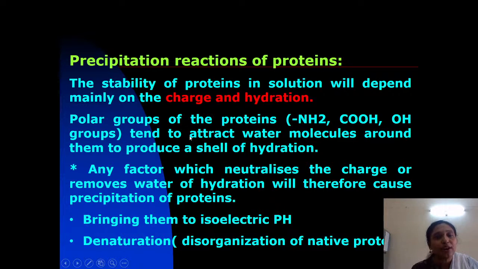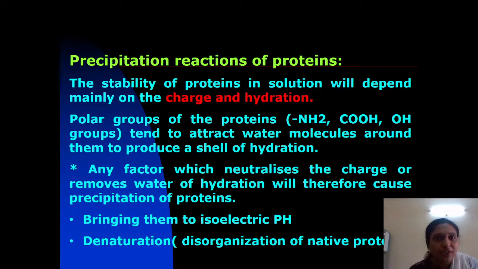The polar groups of the proteins attract the water molecules. So the protein is surrounded by a certain amount of water, which is known as the shell of hydration. That is known as degree of hydration or shell of hydration.